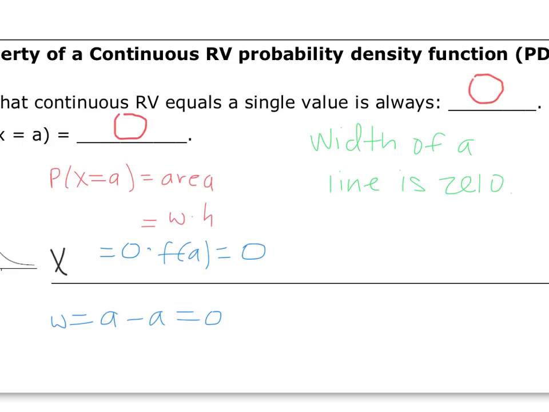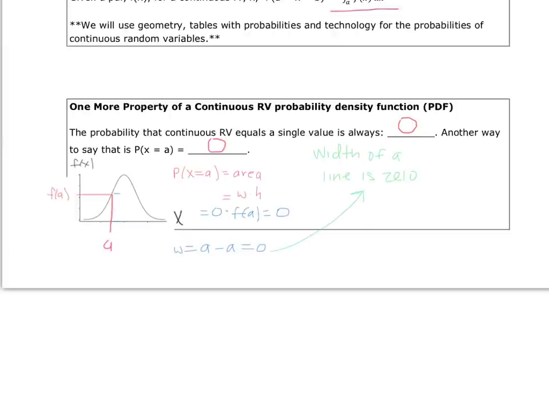And basically that comes from what we did here, where we said, if we want that width, we're going to take the difference between the beginning and the end, the max and the min, and those are the same thing. They're a, so we end up with 0.